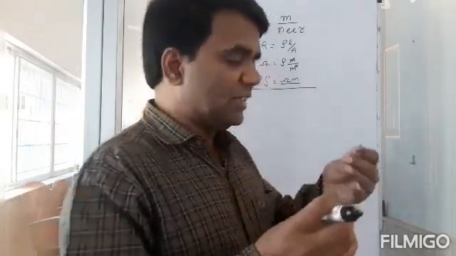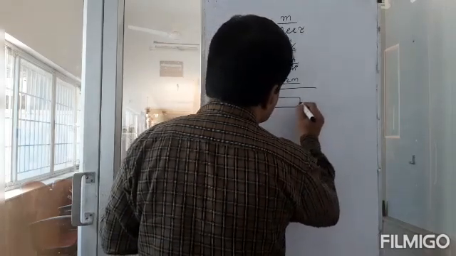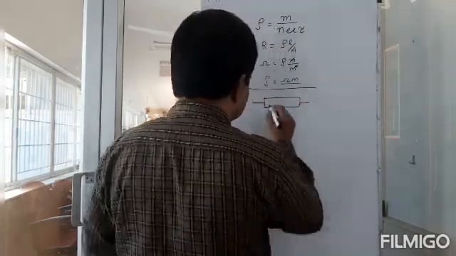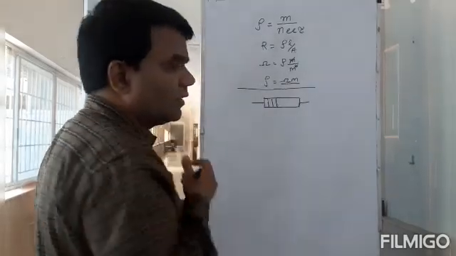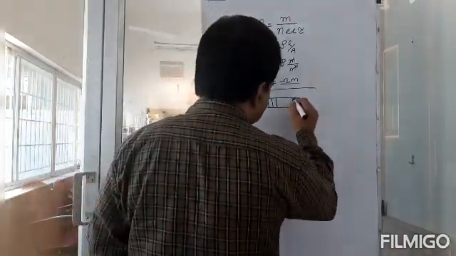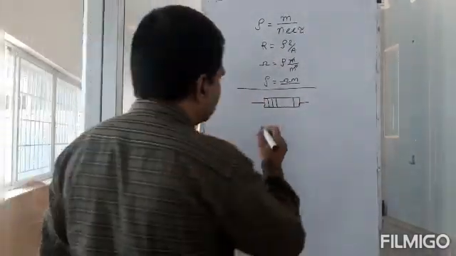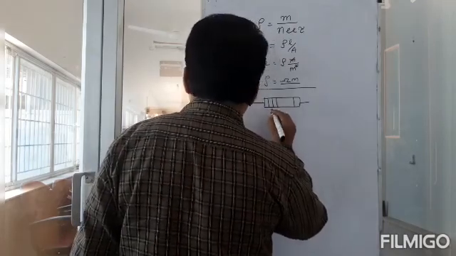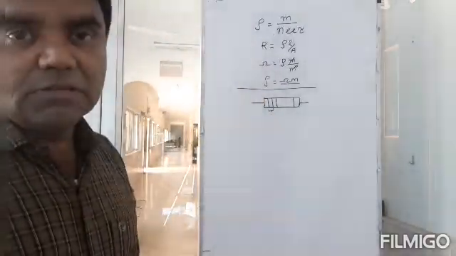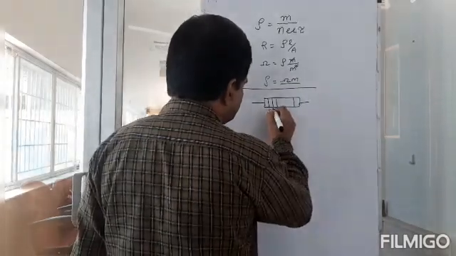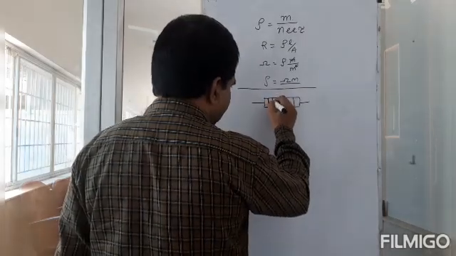First of all, if you take this carbon resistor, let's say this is the resistor, then you have 3 lines here and then 1 line here. The first 2 lines give the significant digits, the numbers which are significant.